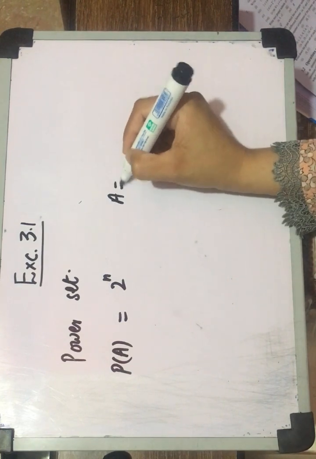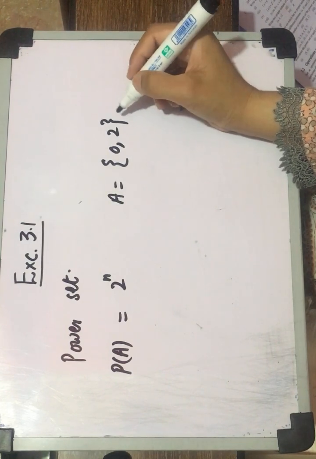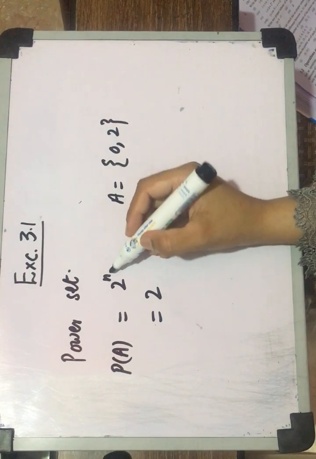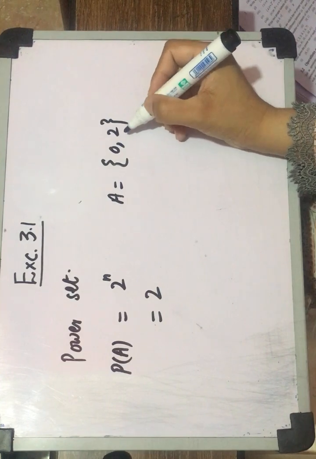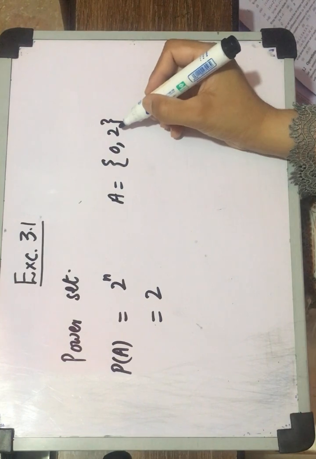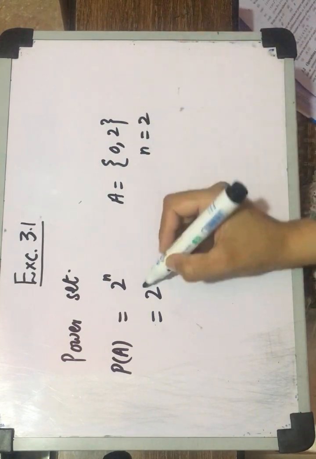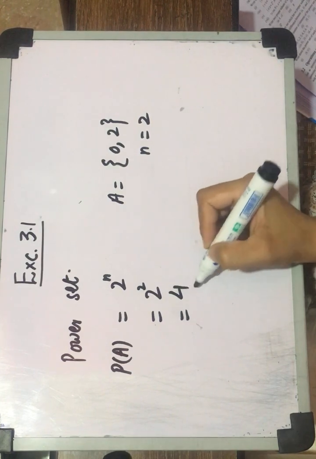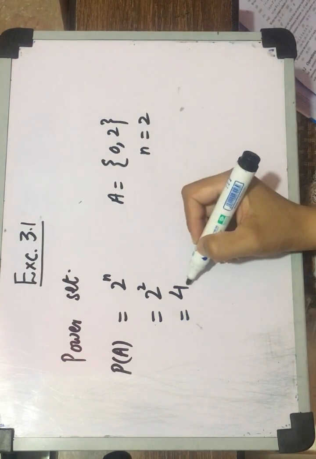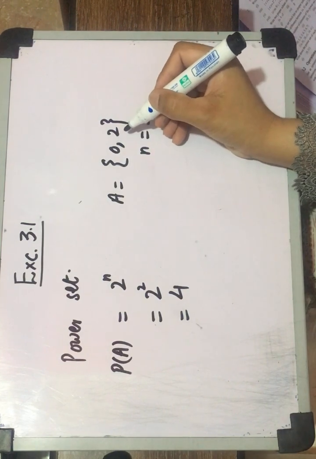Let's suppose we have A with two elements 0 and 2. Then we use this formula 2 raised to power n. What is n? N shows that this set has only two elements, so n is equal to 2. If we put here 2, then we get 4. So there are 4 power sets of this set with 2 elements.